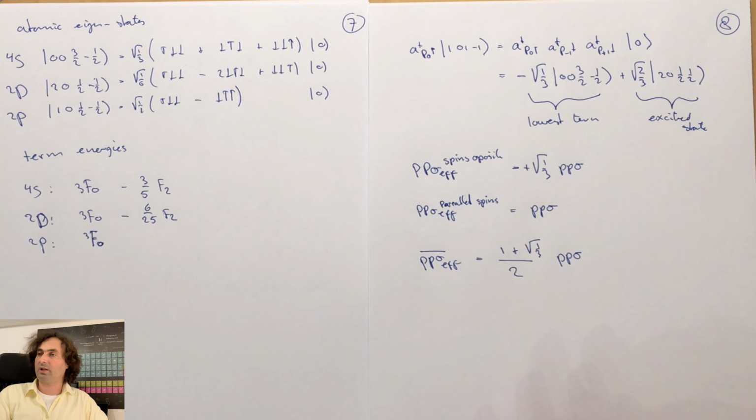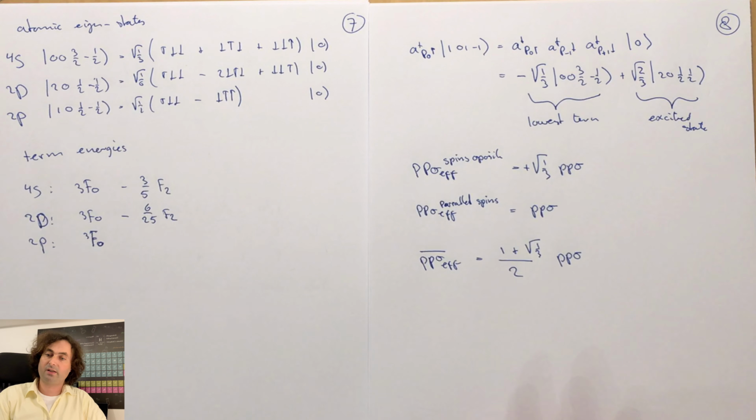Fractional parentage is introduced when you build up a state in a certain configuration, so in a P3 configuration in this case, by systematically adding electrons to your system, going from P1 to P2 to P3, and you look at the overlap between the different multiplets that you have in P2 when you go to P3. And this is of course the important part that you have when you consider hopping in your model.